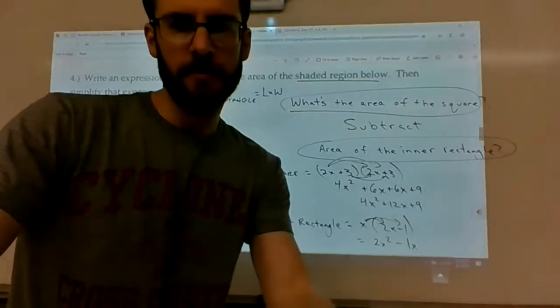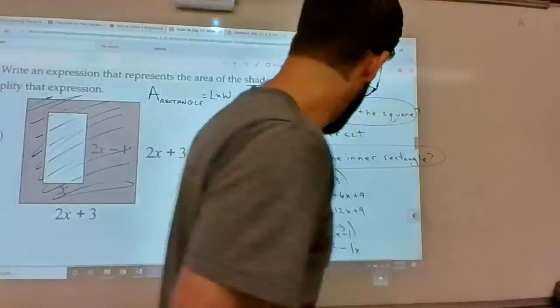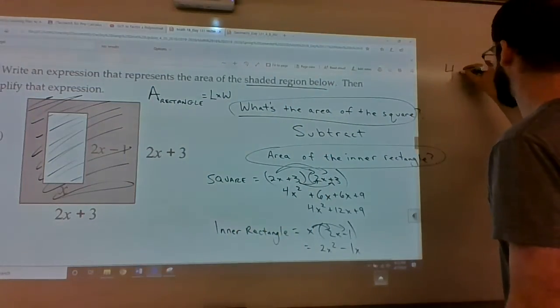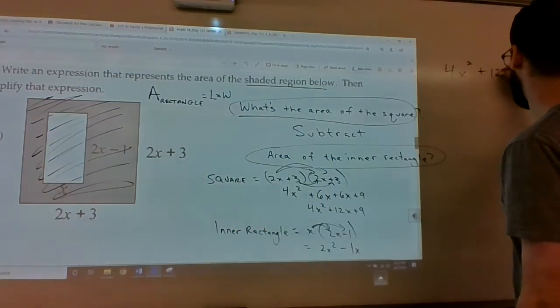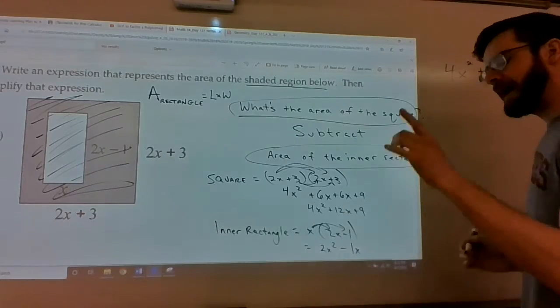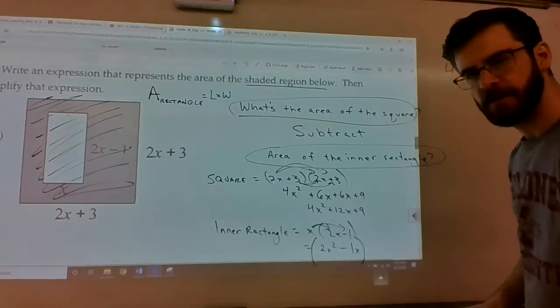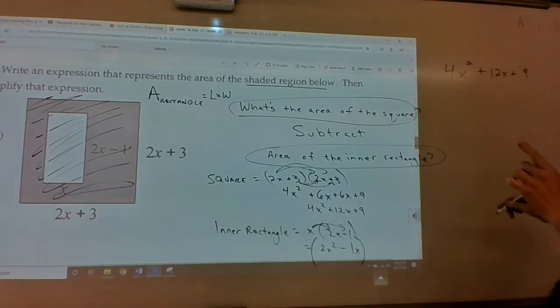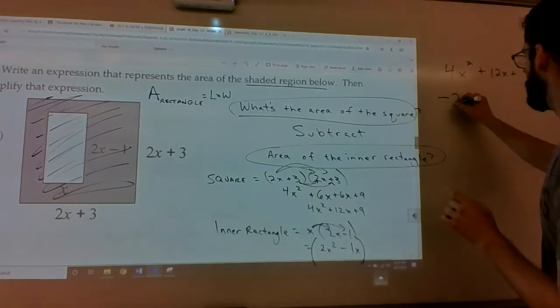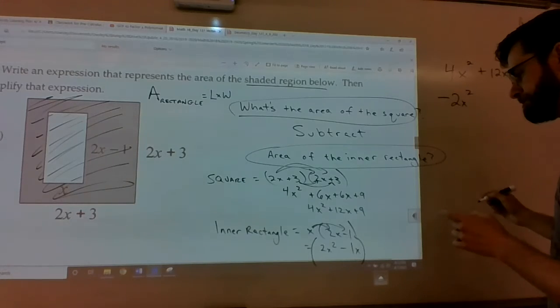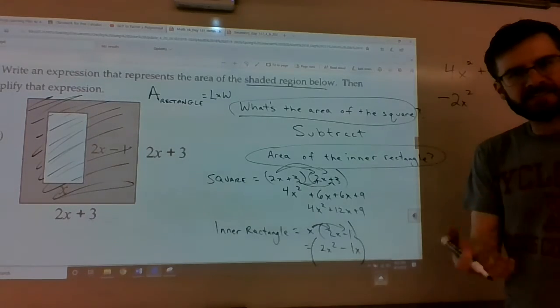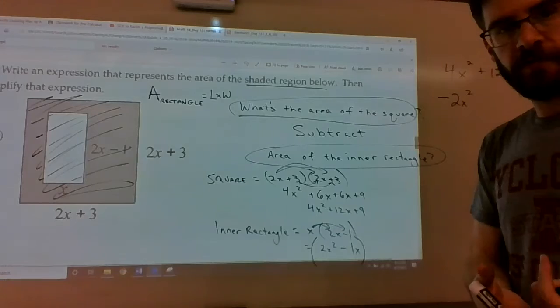So, again, I'll put it over here. 4x squared plus 12x plus 9. Now, I'm subtracting all the parts to this. So when I subtract 2x squared, it's like, okay, I'm taking away 2x squared. That's normal.